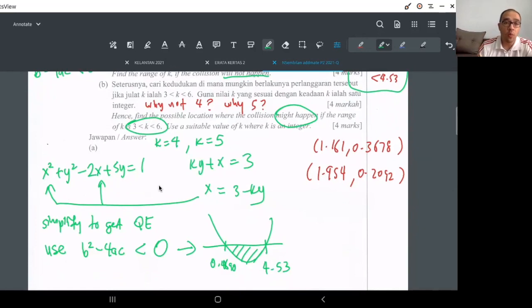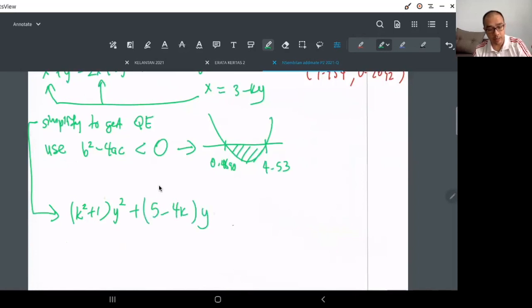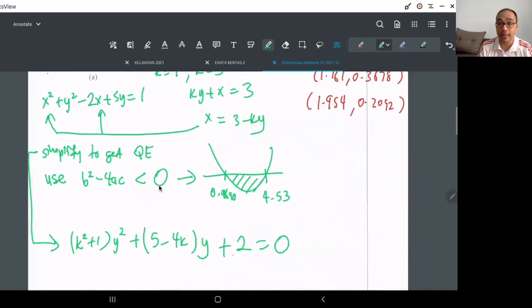Okay, what you might get now, the quadratic equation that you will get is (k squared plus 1)y squared plus (5 minus 4k)y plus 2 equals 0. This is the quadratic equation that you should get.